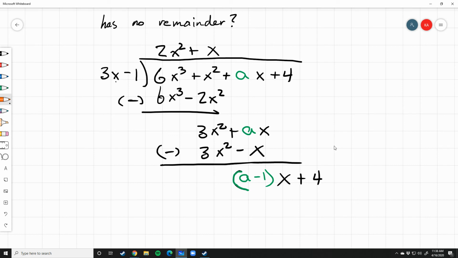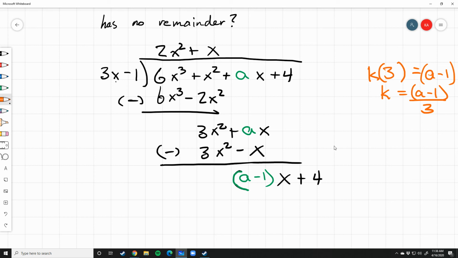What do I have to multiply by 3? Maybe we'll make that a variable. We'll call that k. So k times 3 needs to equal a minus 1. Well, in order to figure out what k is in this equation, we'll just solve for it by dividing both sides by 3.